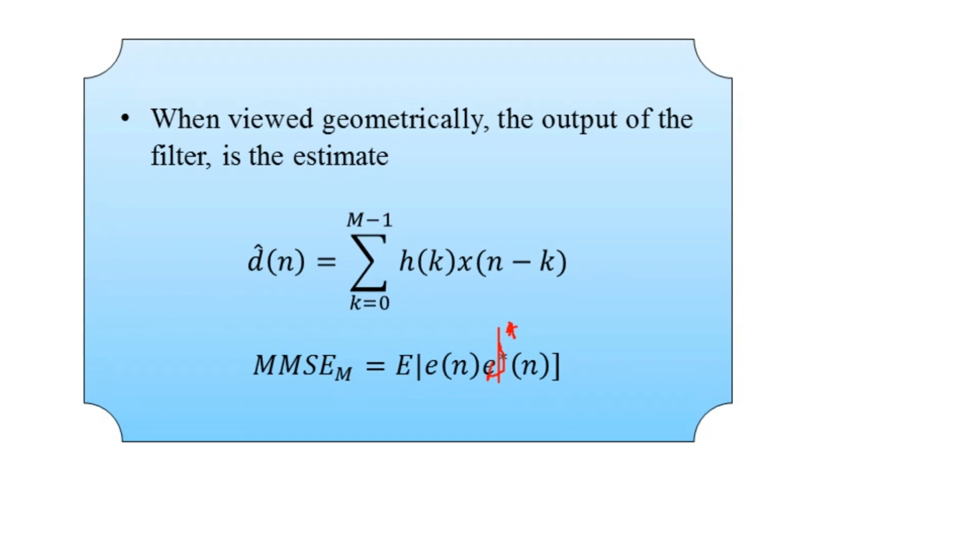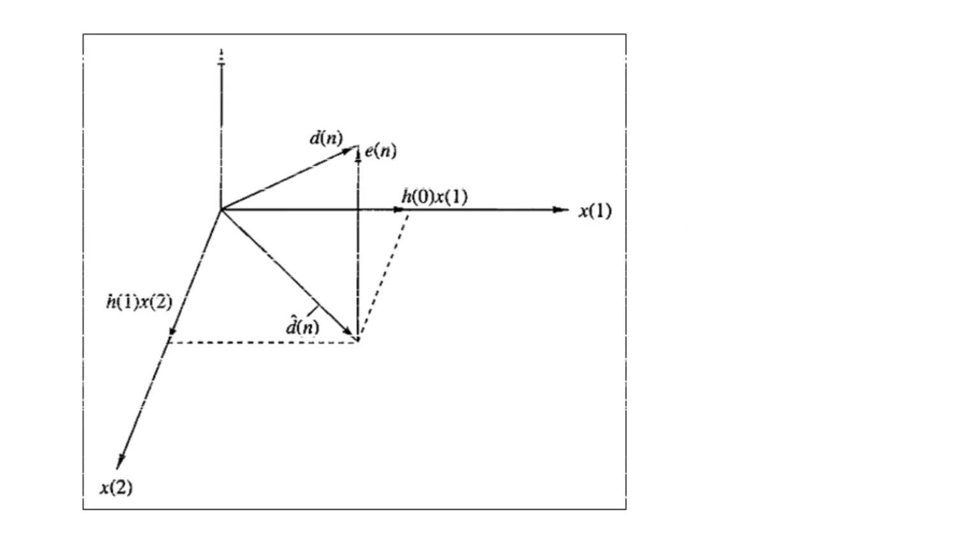Next, we visualize one illustration for the geometric interpretation of the linear mean square error problem. In this diagram you see the different axes, which are mutually perpendicular to each other.